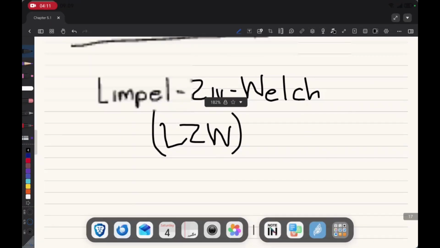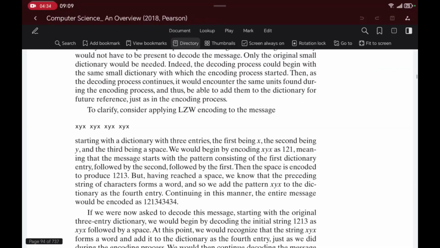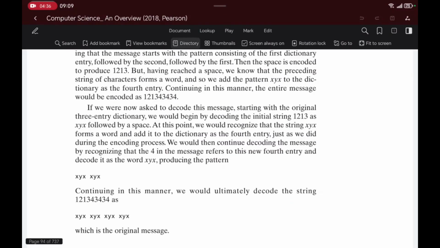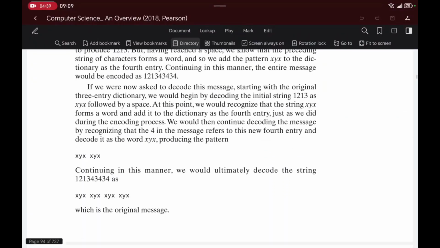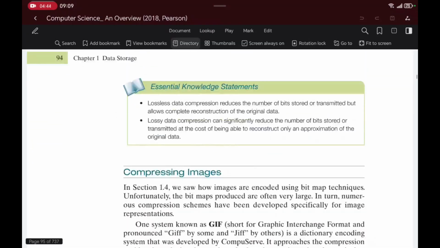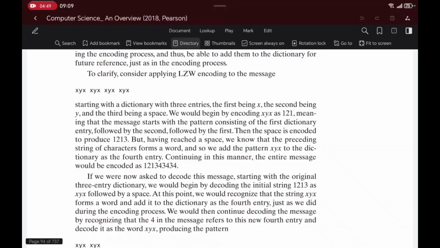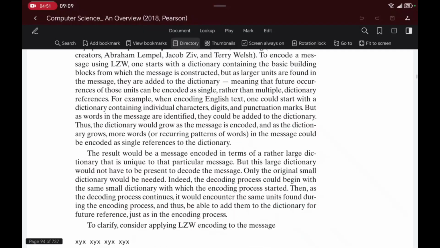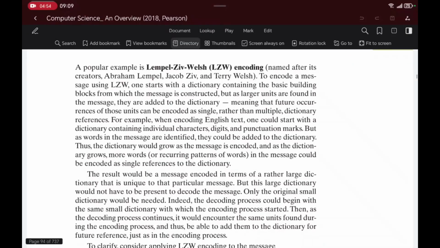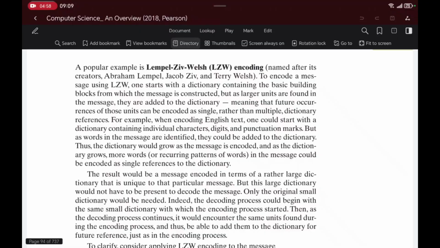This one doesn't work the same as the Lempel-Ziv. It works in a different way, which I can't actually explain in a way that you'd understand. But if you go to your prescribed book and go to page 94, you're going to find these things right here.